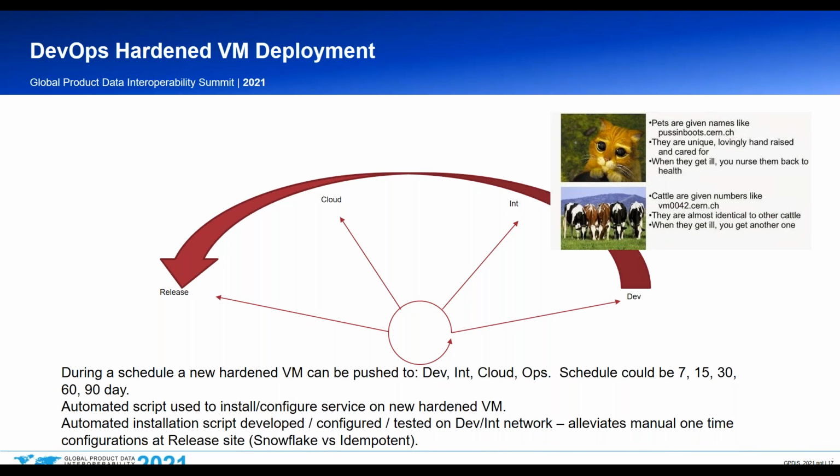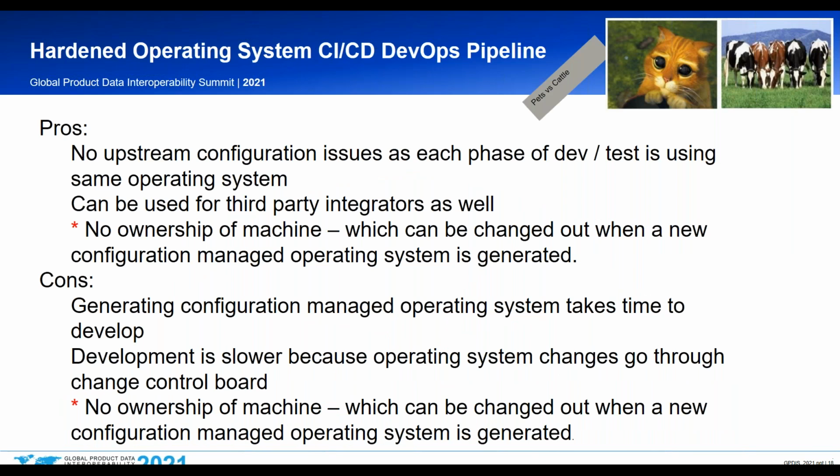Now, on the opposite side, as far as cattle, if your container is damaged or a virus or something goes wrong with it, you can just swap it out with your automated scripts and install a new one. So definitely a huge fan of this whole concept of pets versus cattle and automated installation scripts to go back to the state of idempotency.